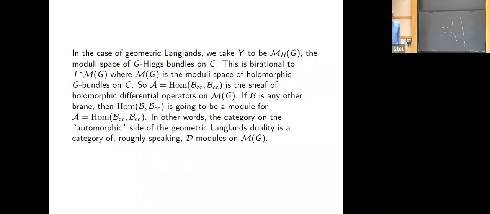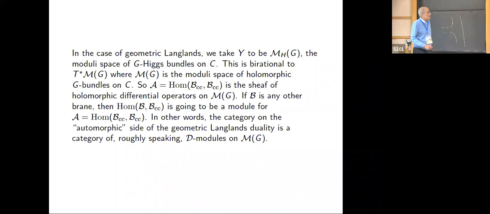So in the case of geometric Langlands, we take Y to be the Higgs bundle moduli space. It's birational to a cotangent bundle, as was shown by Hitchin, where M of G is the moduli space of holomorphic G bundles on C. So the Hom space is the sheaf of holomorphic differential operators on the moduli space of bundles.